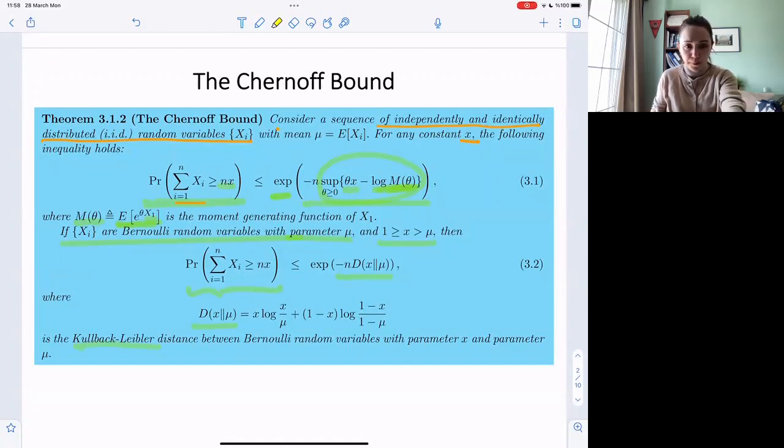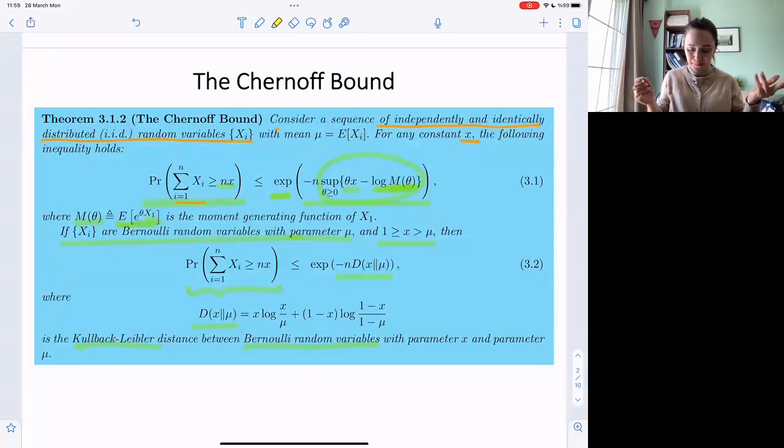So the Kullback-Leibler distance between two Bernoulli distributions. Remember, a Bernoulli random variable takes the value of 1 with a certain probability, and takes the value 0 with the other probability.